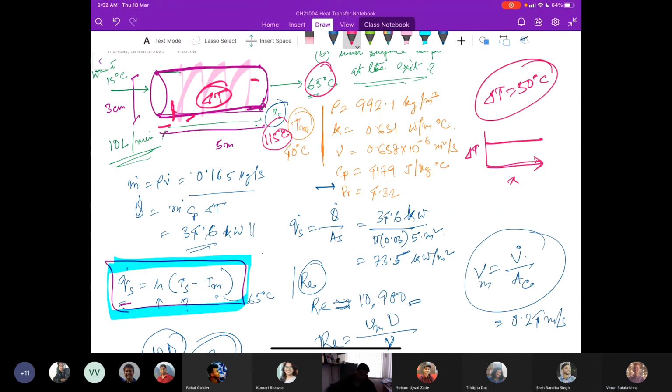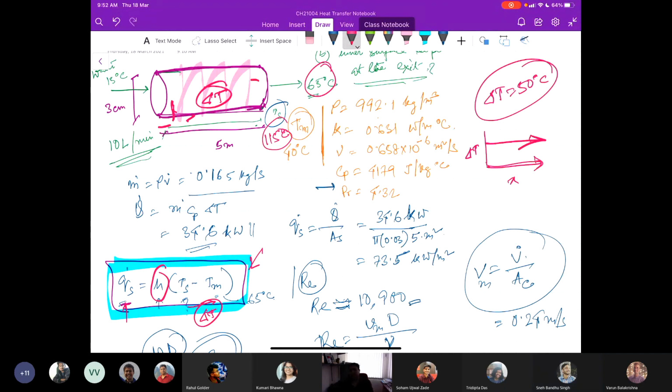See, if you look at this expression once again, we are calculating H. One way is that you are calculating H in the fully developed region, which is a constant value. Your Q dot S is constant. So del T has to be constant. Okay, sir, so del T is a straight line.